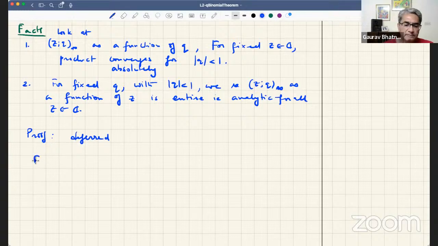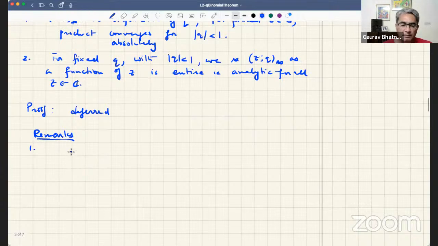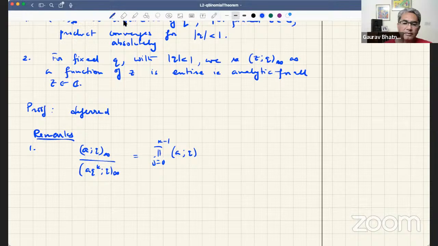Some remarks on these products. If you take (a;q)_infinity and divide by (aq^k;q)_infinity, then you can cancel various terms and get the product of (1 minus aq^j), and that's (a;q)_k.